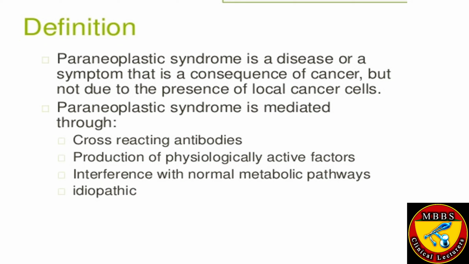The other one is the dermatologic disorders. There are various dermatological disorders which can be shown by patients who have a hidden malignancy. Like the patient with gastric carcinoma can show skin presentation with acanthosis nigricans and dermatomyositis.